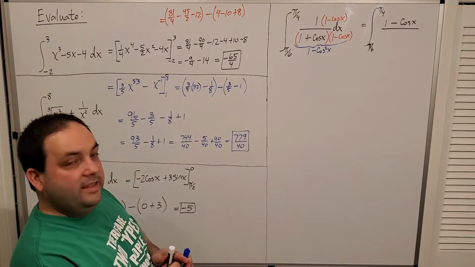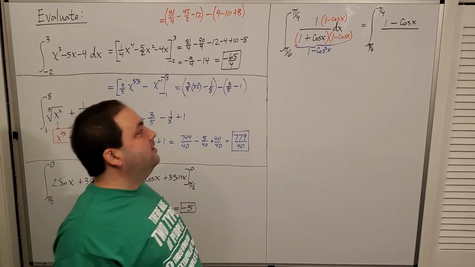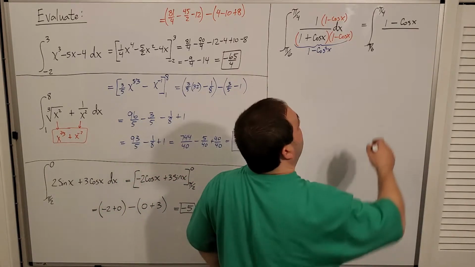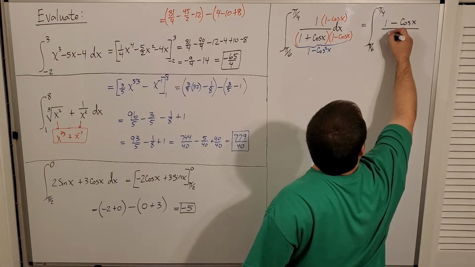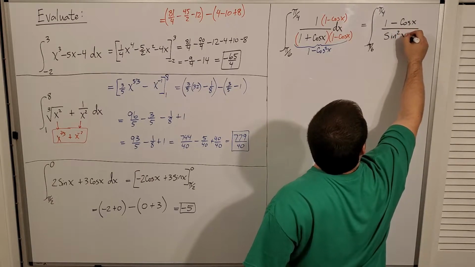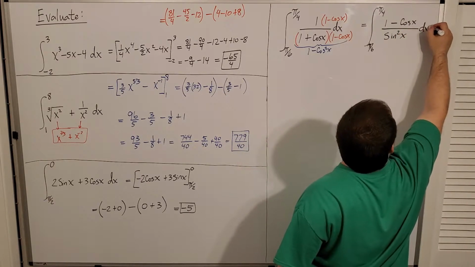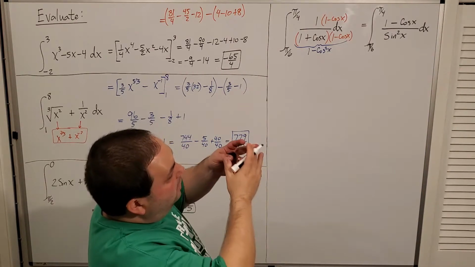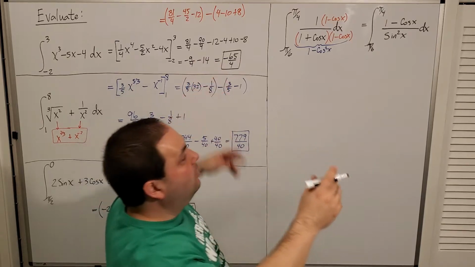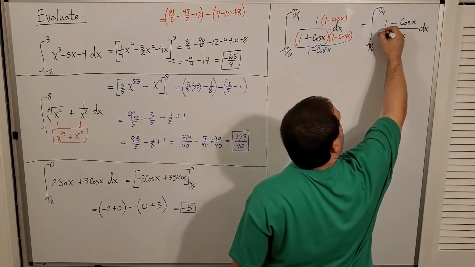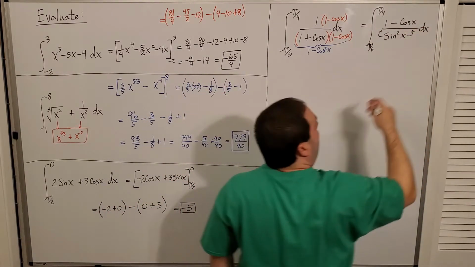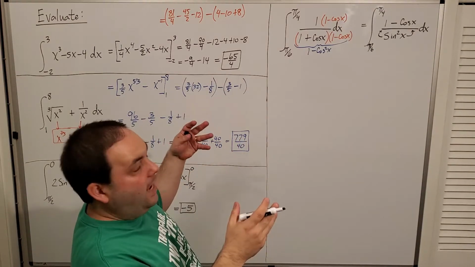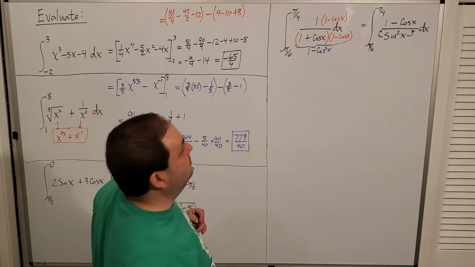Okay? I did that on purpose because I wanted to be able to simplify this. 1 minus cosine squared is sine squared. And dx is still there. All right. I'm going to distribute the sine squared underneath each of these pieces. Now that the denominator is a single term, that's a good way of separating out difficult pieces.